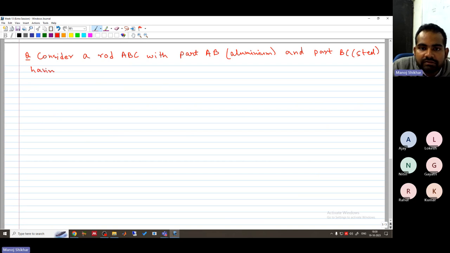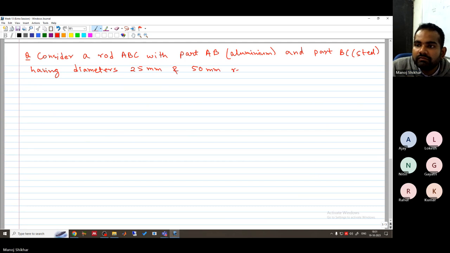Having diameters 25 mm and 50 mm respectively.